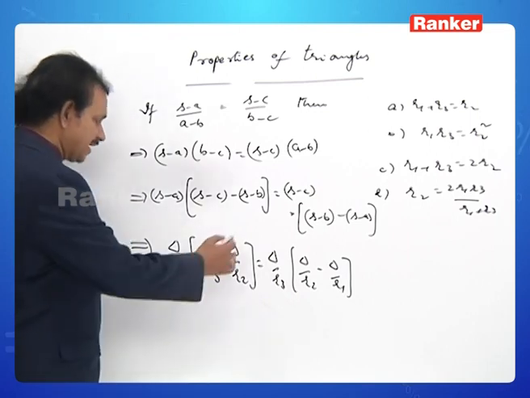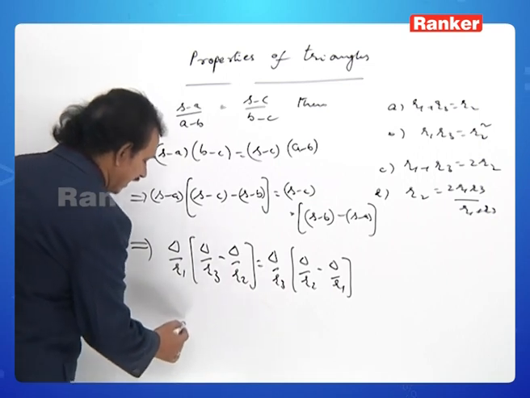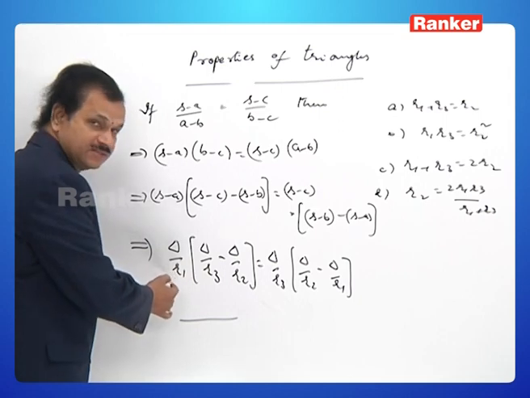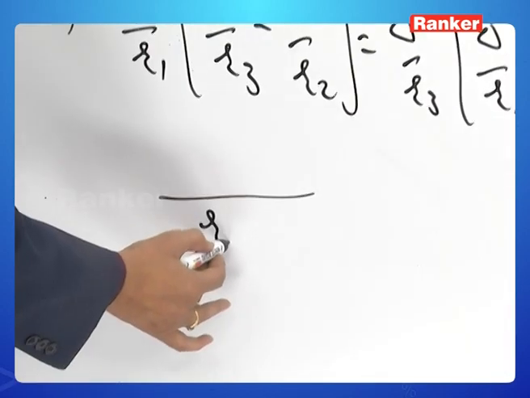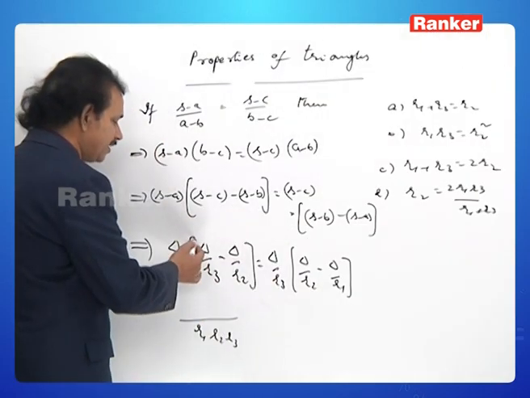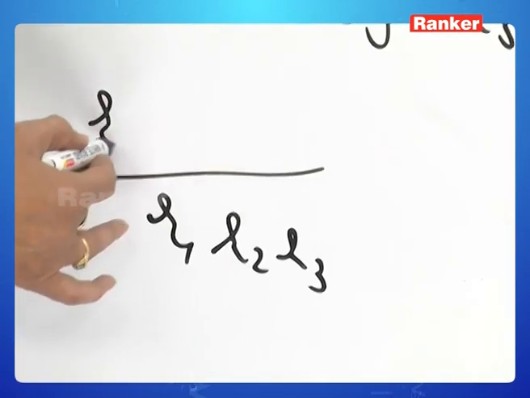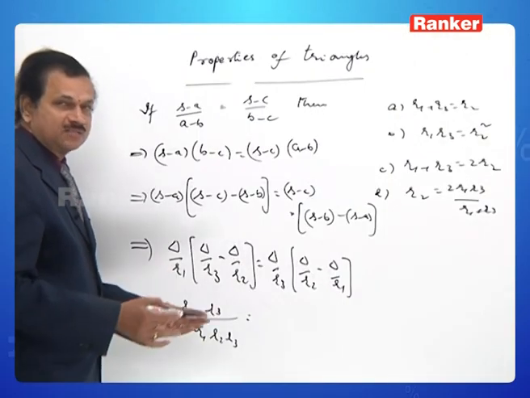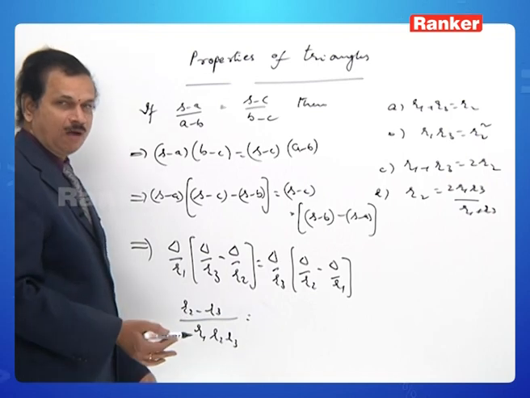Moreover, after cancelling delta, you will have here R2, R3 as the LCM and R1 is there behind it, so that you have R1, R2, R3, and in the numerator, R2 minus R3, is equal to, similar thing happens on the right hand side also. Yes, what is here?